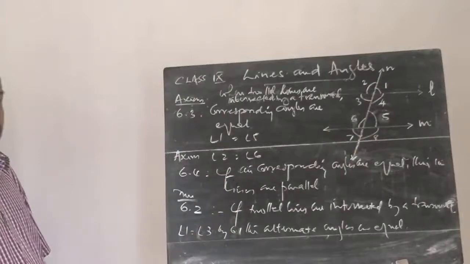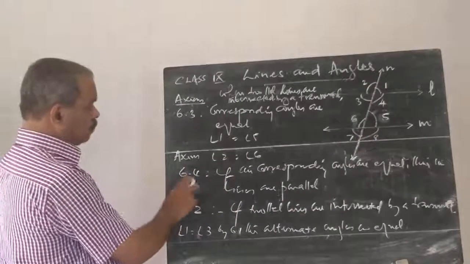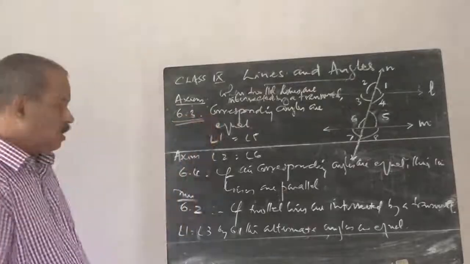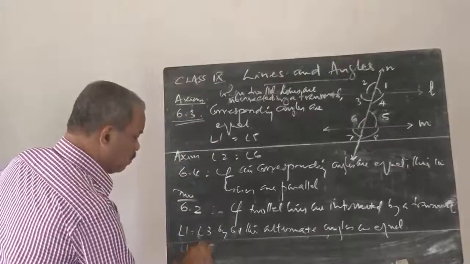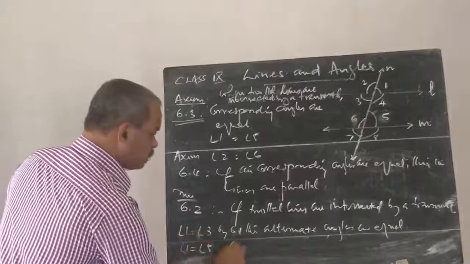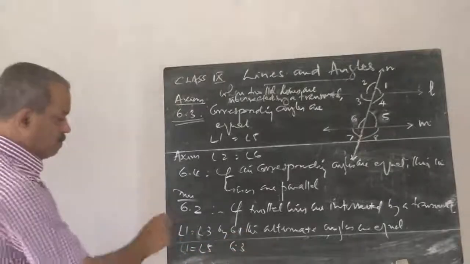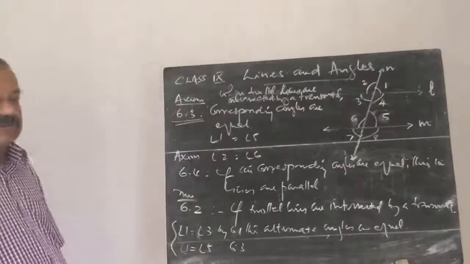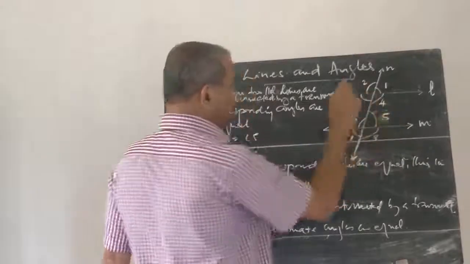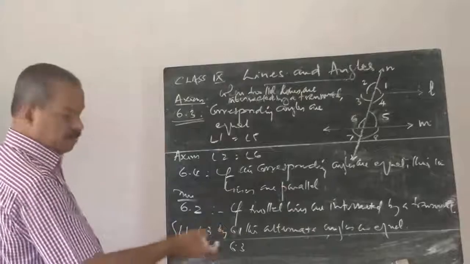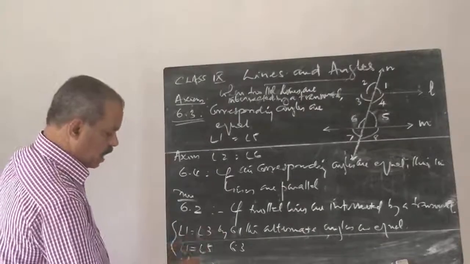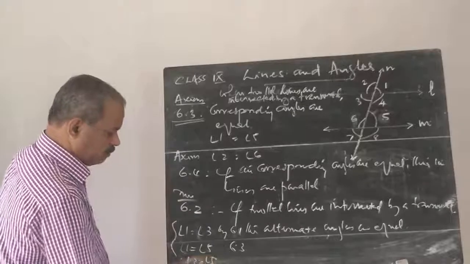They are also equal by axiom 6.3. Angle 1 is equal to angle 5 by 6.3. Now combine these two: angle 1 equals angle 3, angle 1 equals angle 5. So what is the relation between angle 3 and angle 5? Angle 3 equals angle 5.